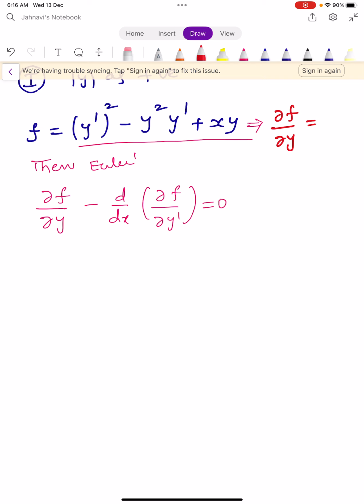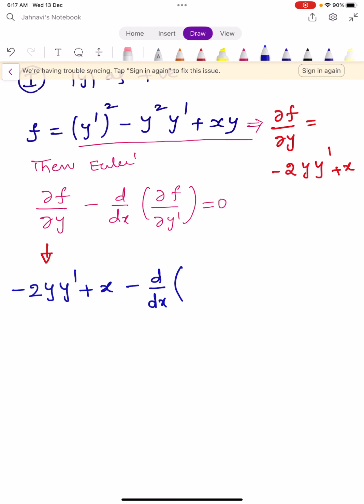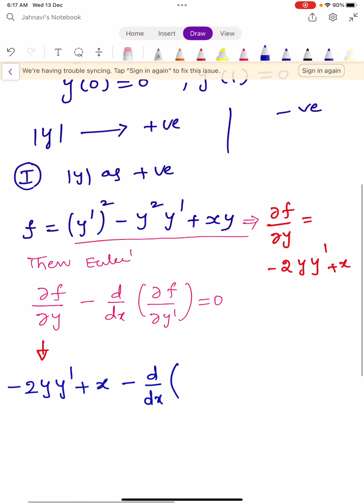If you differentiate with respect to y, you get the first term is 0 and the second term is minus 2y y dash, plus x also. So dou f by dou y becomes minus 2y y dash plus x, minus d by dx of dou f by dou y dash.